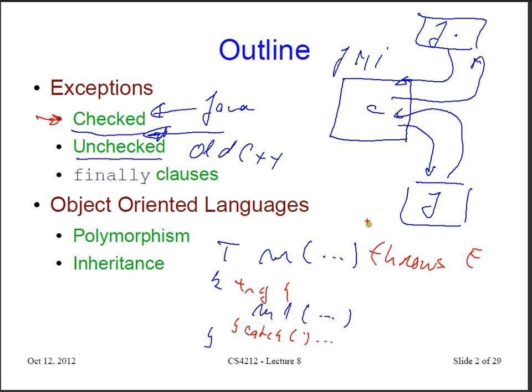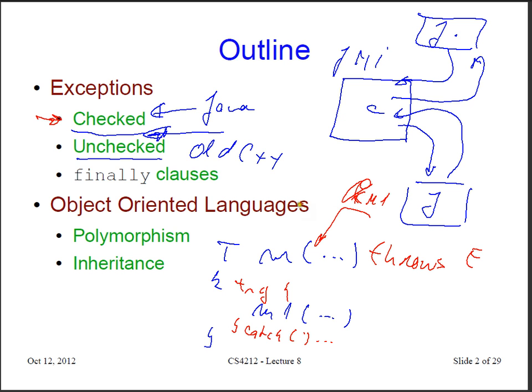Maybe this library method takes a pointer to M1, or the address of M1, and calls M1, and M should not be aware of the fact that an exception is thrown. So checked exceptions are a bit unmodular for that reason, but the Java people, if you listen to them, have their own reasons to argue that checked exceptions should exist and which kind of methods should throw checked exceptions and which shouldn't.